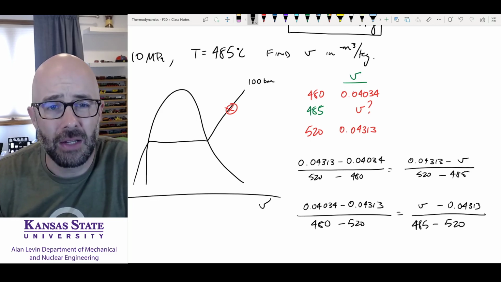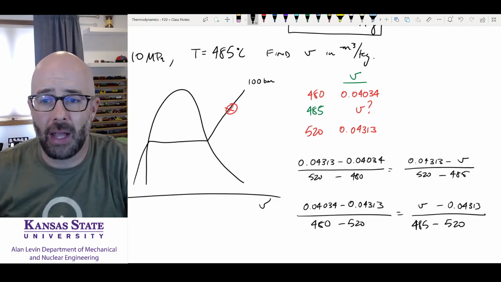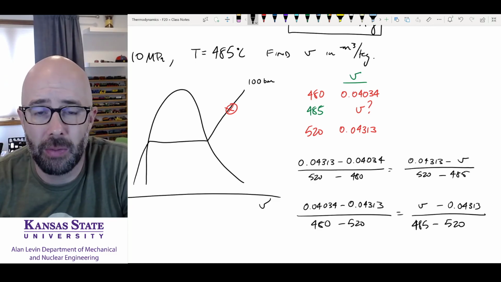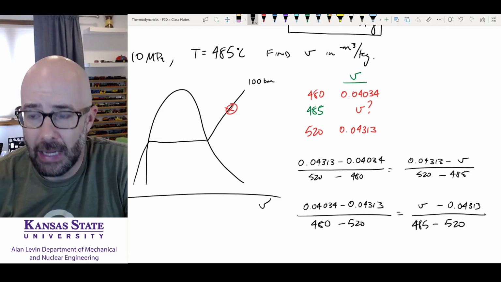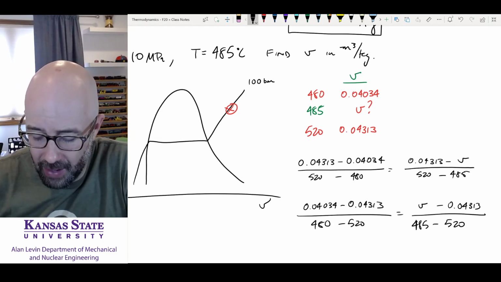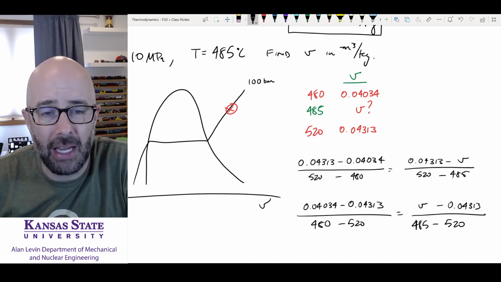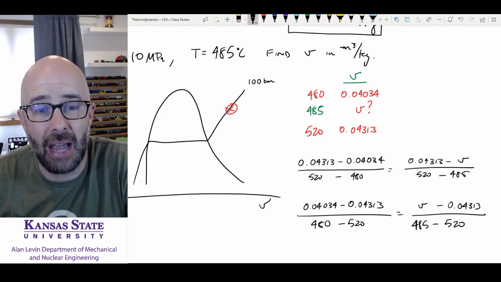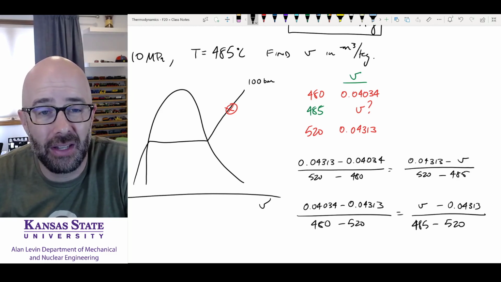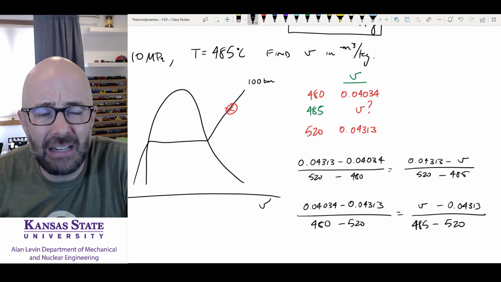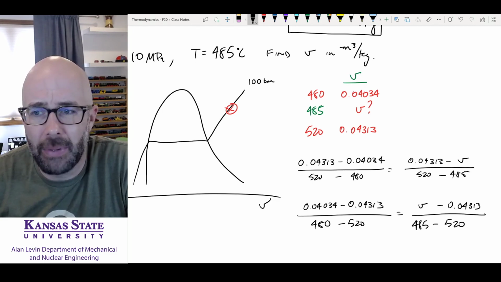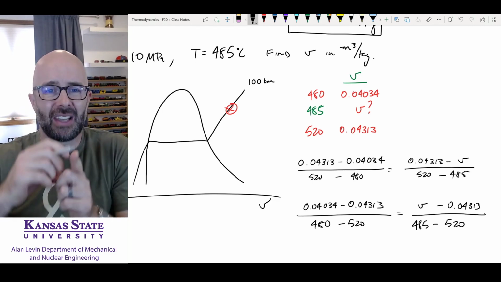I could have flipped them so that I had temperatures over specific volumes. Instead of taking 520 minus 485, I could have looked between 485 and 480. There are many different ways to solve this, but they're all going to give you the same answer. You're looking at the slope of that line.